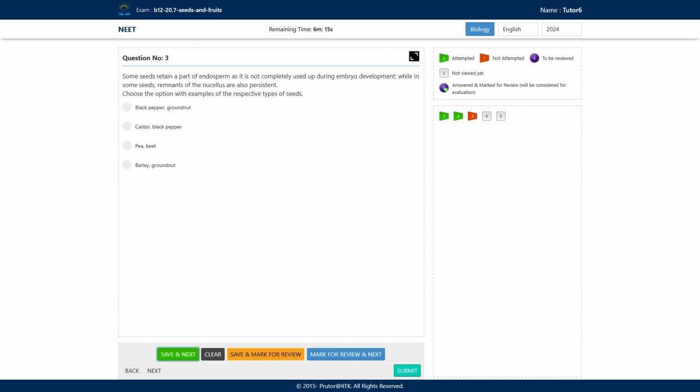So what is the persistent nucellus called? Now in which example do you see this persistent nucellus? The examples are as follows. A, black pepper and groundnut. B, castor and black pepper. C, pea and beet. And D, barley and groundnut. So in which plant do we see that?